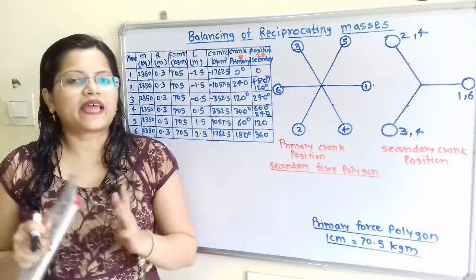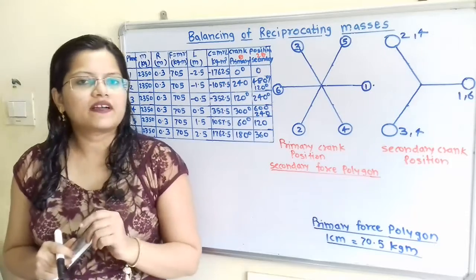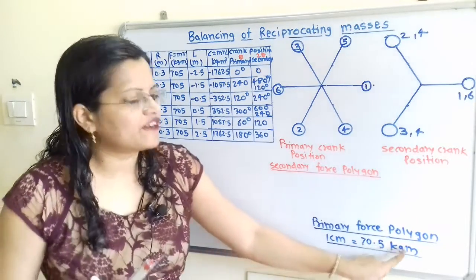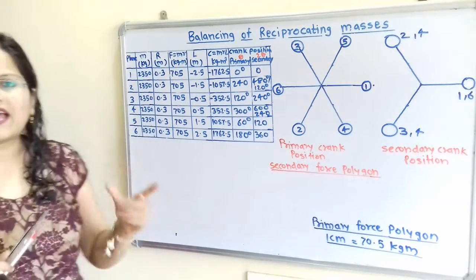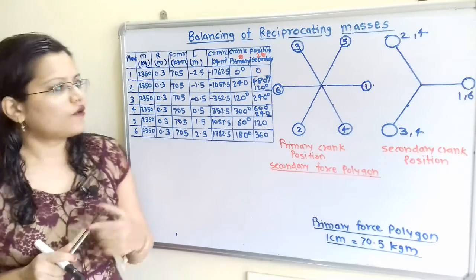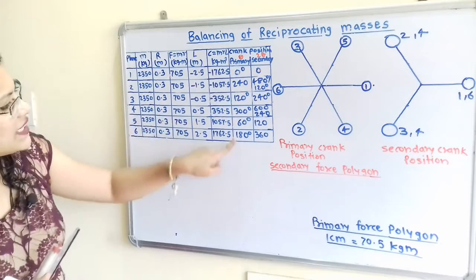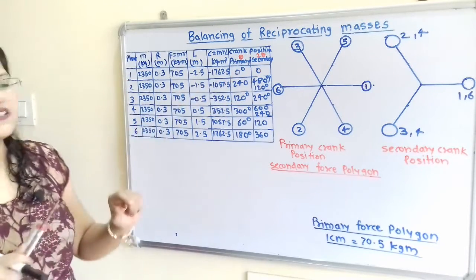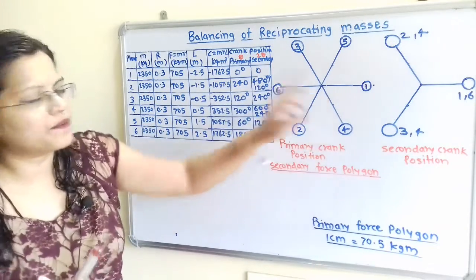Now we will draw the primary force polygon with some suitable scale. We will consider the scale 1 centimeter is equal to 70.5 kilogram meter. So for this 705 we have to take a scale of 10 centimeter. Now we have to refer to this primary crank position theta. For plane 1 or cylinder 1 it is at 0 degree, so we will take the reference for this primary crank position.